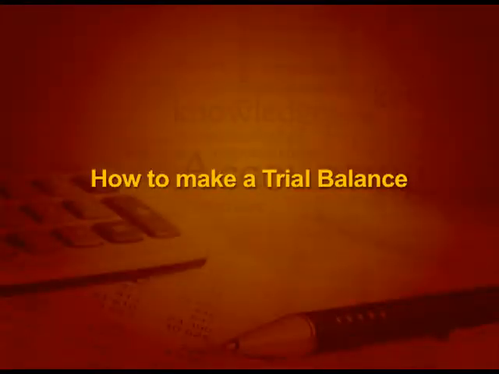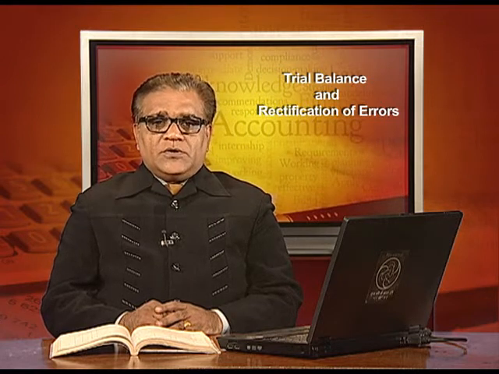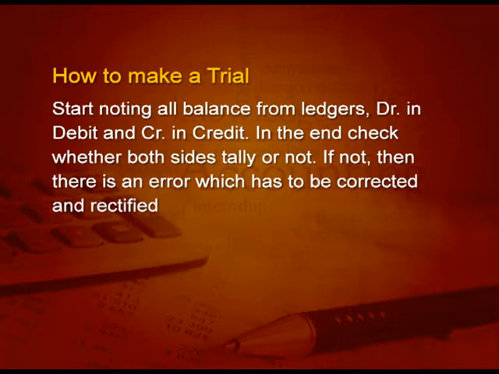Now the main question is how to make a trial balance. Let us start. First of all, we note all the balance from the ledger, all the debit balance in the debit column and all the credit balance in the credit column. Then in the end we check whether both sides are tallying or not.